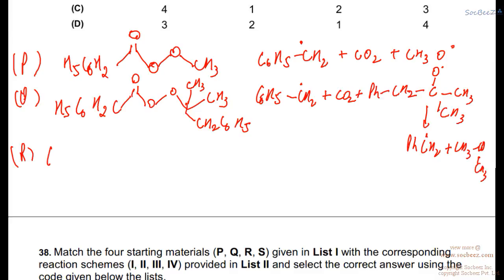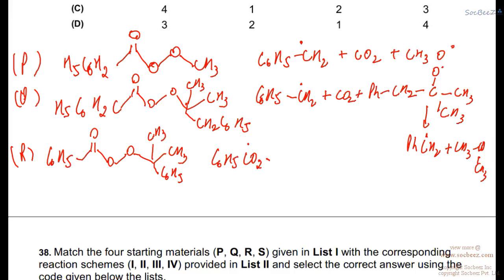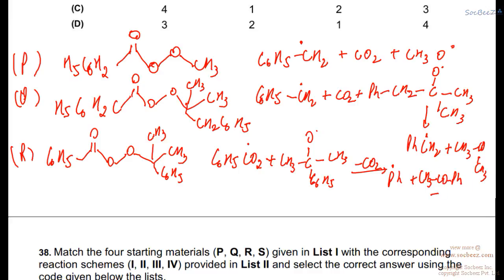In case of R, this is C6H5 CH3 CH3 C6H5, and the radicals obtained are C6H5CO2 dot plus CH3 CO dot CH3 C6H5, which further decomposes after the elimination of carbon dioxide as Ph dot plus CH3 CO Ph plus CH3 dot.